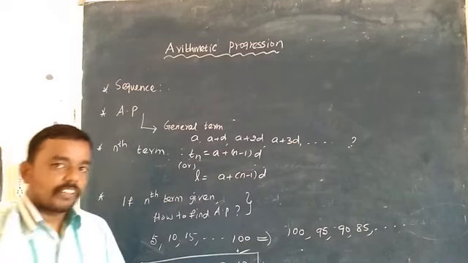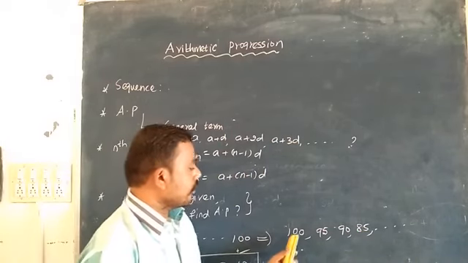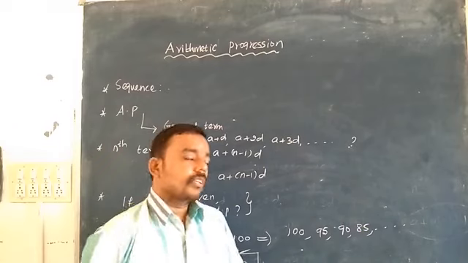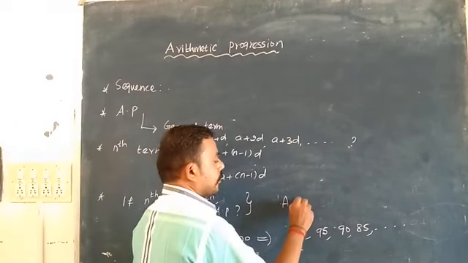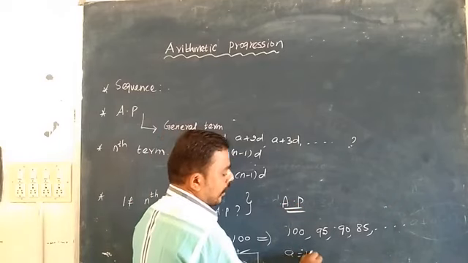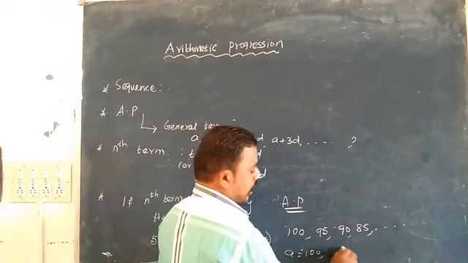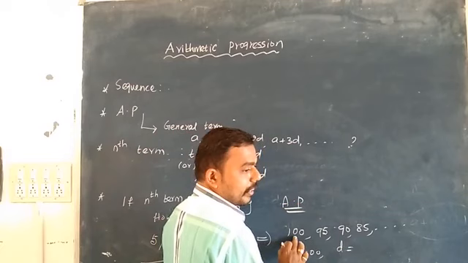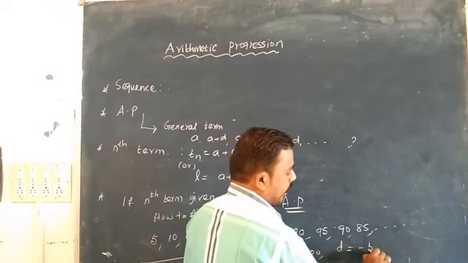So first itself they are indicated. Think about this AP: A equals 100 and D equals 95 minus 100, which is minus 5.